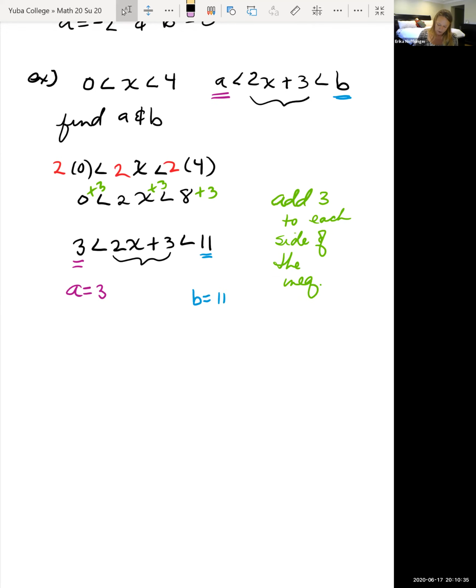Okay, so let's look at one more. What if you have 2 is less than x is less than 4? And we're looking at then a is less than 1 over x minus 6, which is less than b.